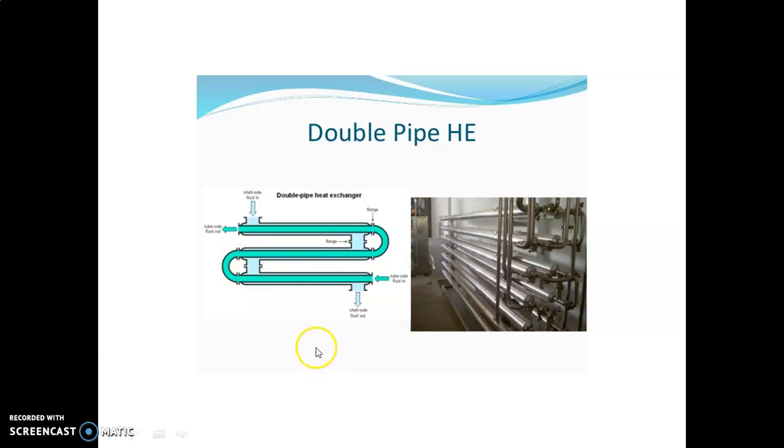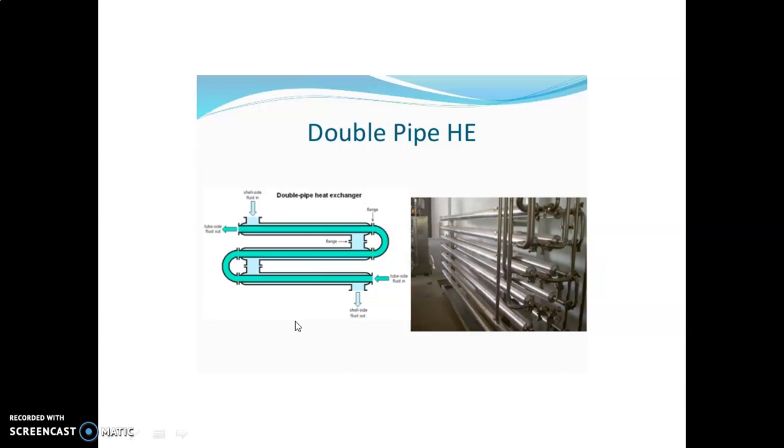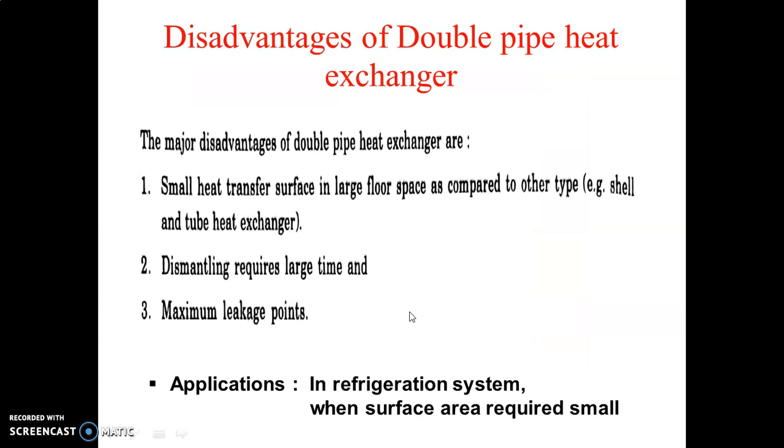So this heat exchanger has a lot of joints, so there may be chances of leakage. The fluid, whether cold or hot, may leak from this pipe or from this pipe connection. So these are the three disadvantages of the double pipe heat exchangers.